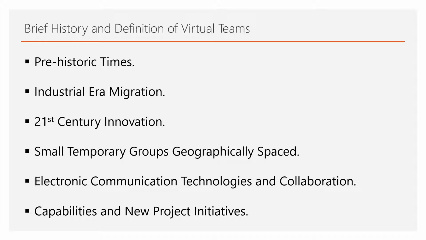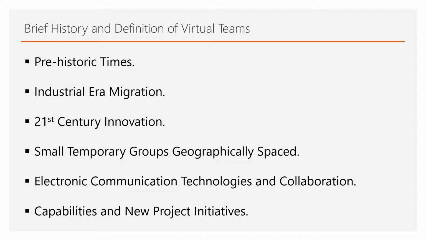Also, we're talking about them electronically communicating. So it's usually some kind of electronic means by which they perform their communication and get their collaboration efforts done, such that they are able to make decisions and converse upon their projects and tasks.